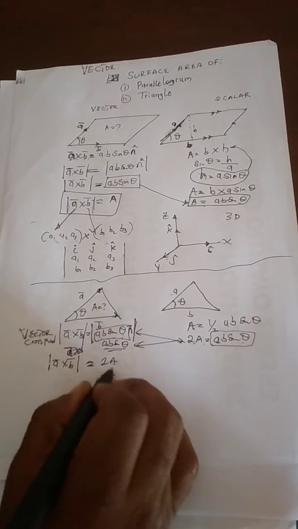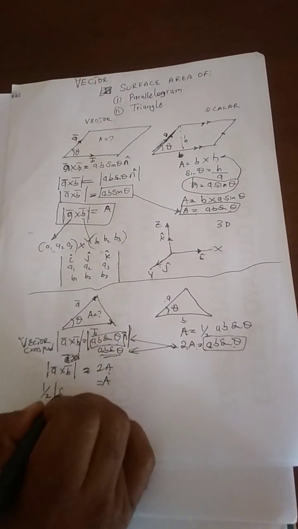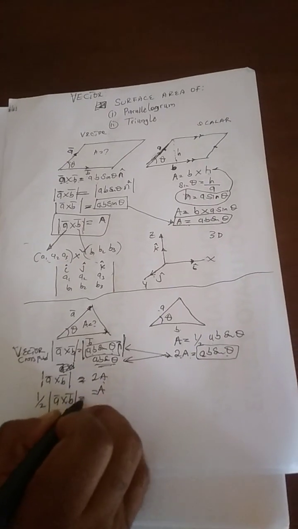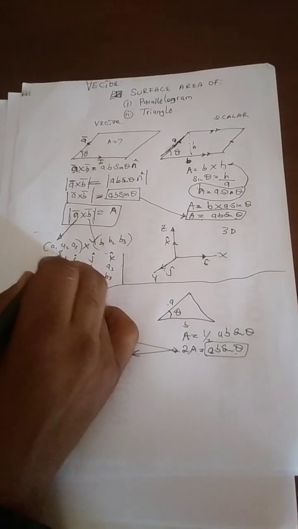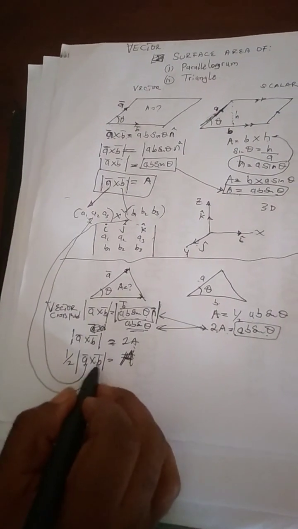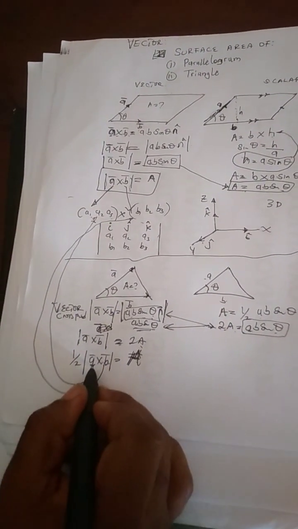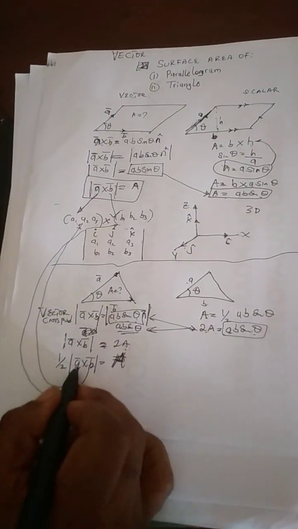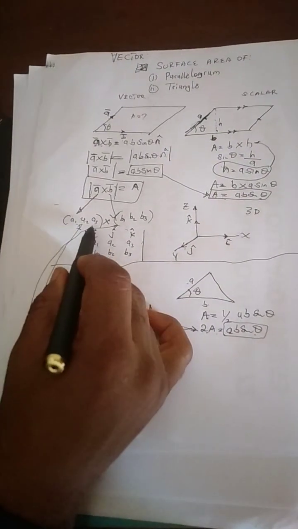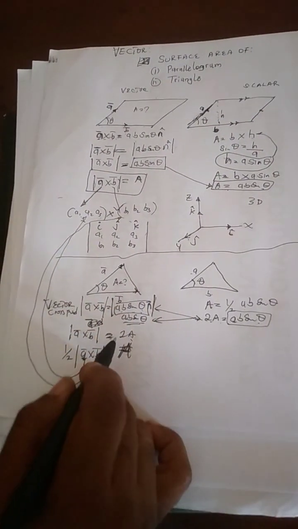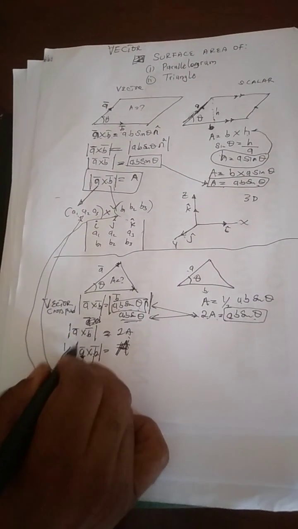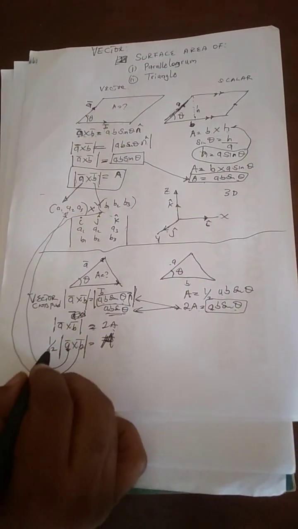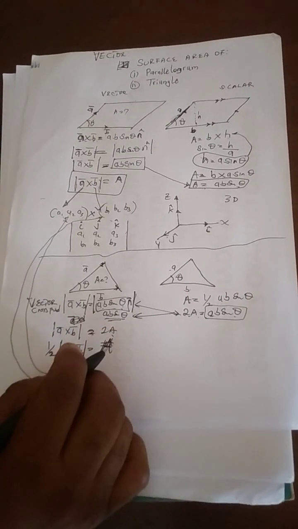Dividing both sides by 2, half of the magnitude of A cross B is equal to the area of the triangle. So you may be given the coordinates of each of these vectors. We just find the cross product using this procedure, and after we have gotten the determinant, we take the magnitude of whatever we get, then divide our answer by 2. We are going to have the area of this triangle.